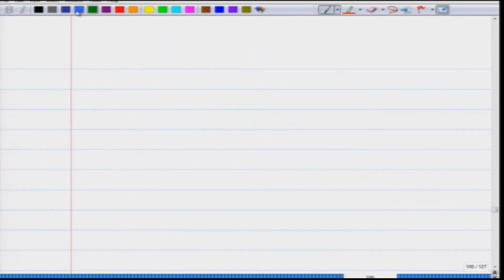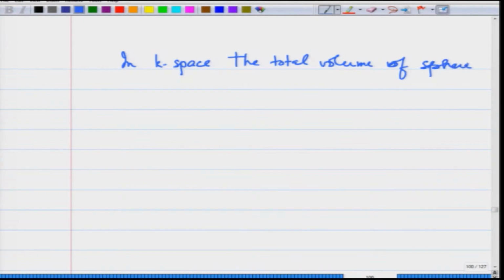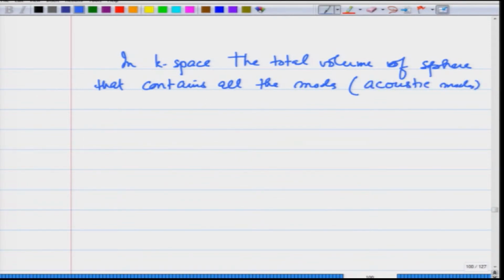In k space, the total volume of the sphere that contains all the modes, and these are going to be acoustic modes, let us say is k_D.